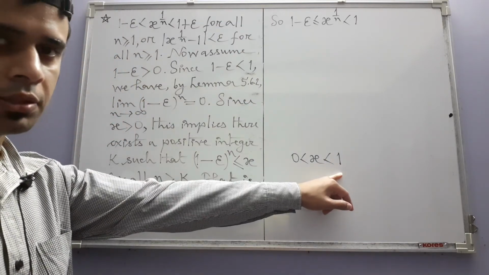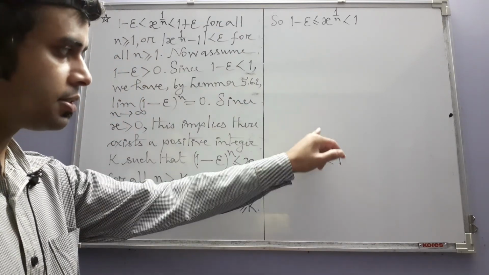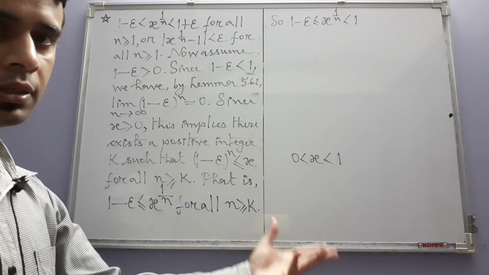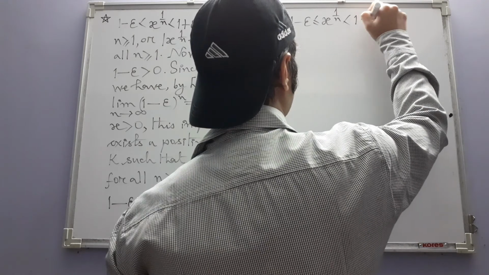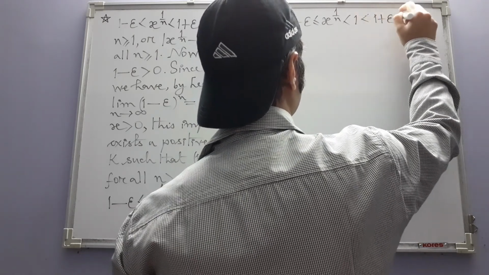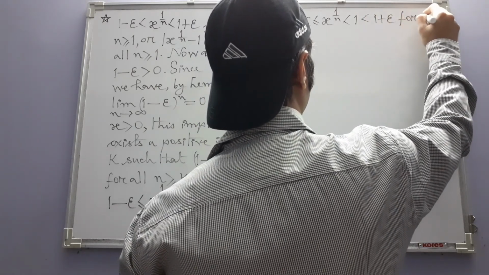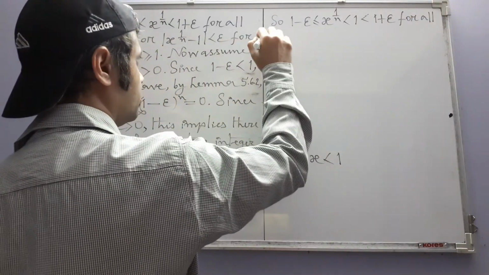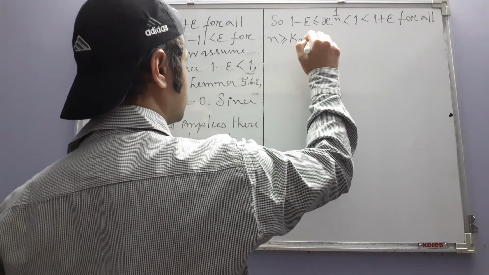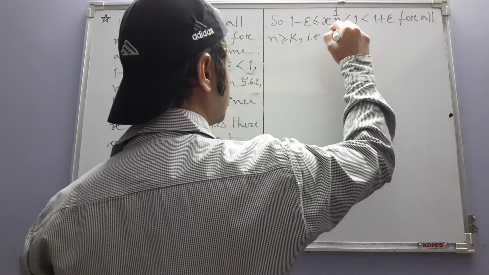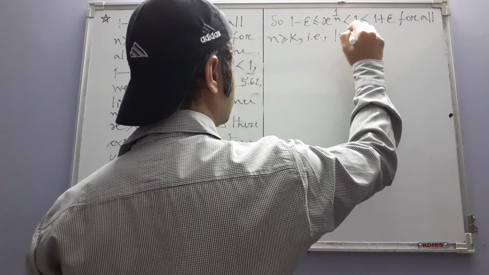We have already mentioned that when this happens, any nth power of x is less than 1, and that itself is less than 1 plus epsilon for all n greater than or equal to k.